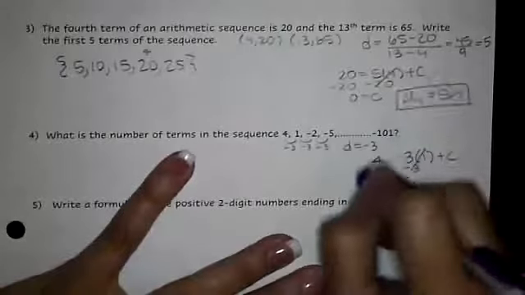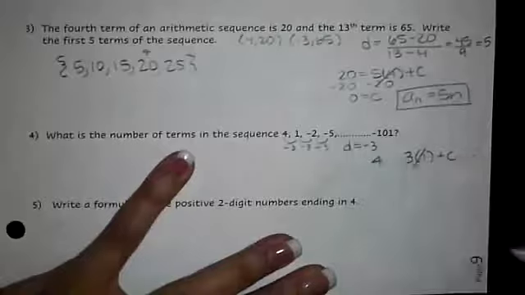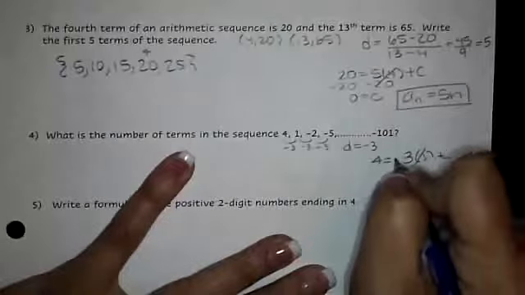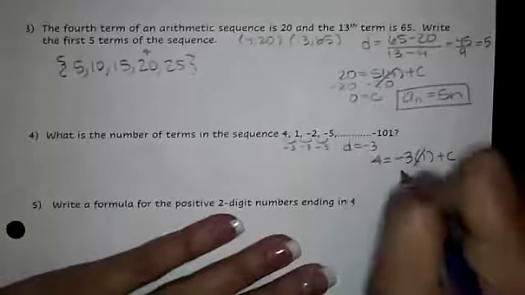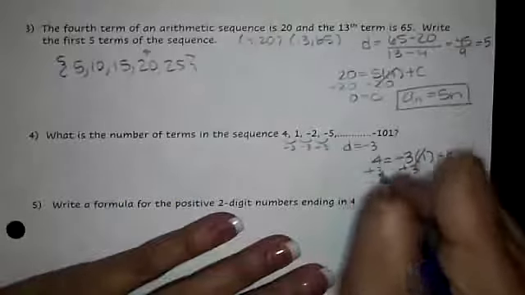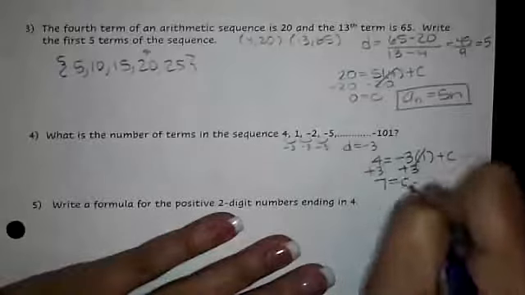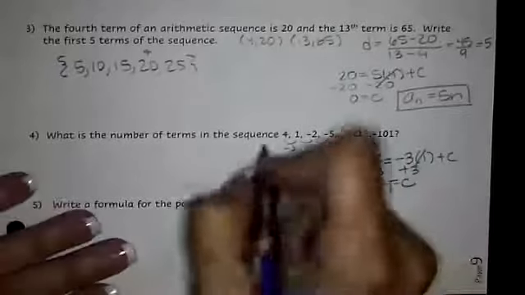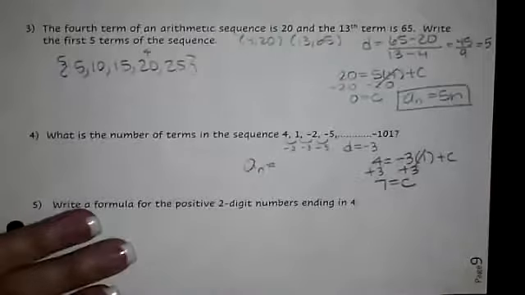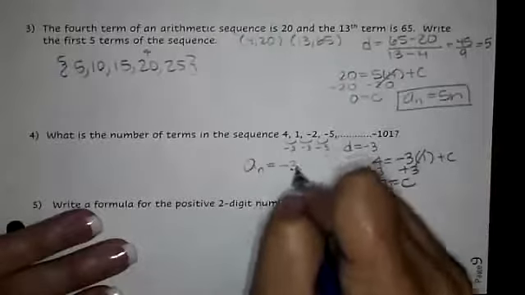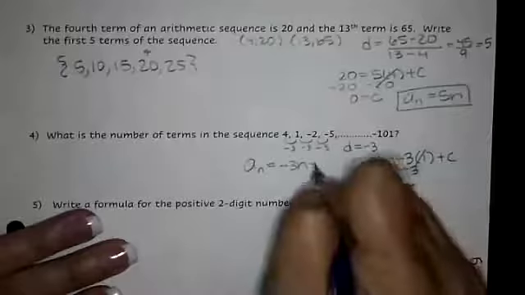Let's try that again. That was a -3 because the D value is -3. So I am going to add 3 to get it to the other side. So 7 is equal to C. So my formula here for this pattern is going to be -3n plus 7.